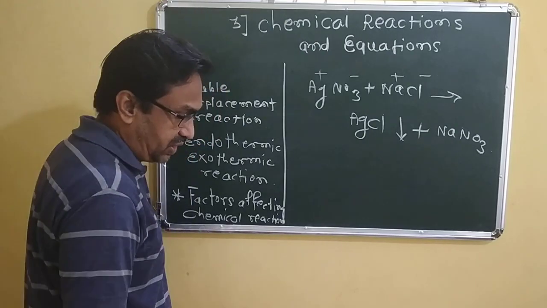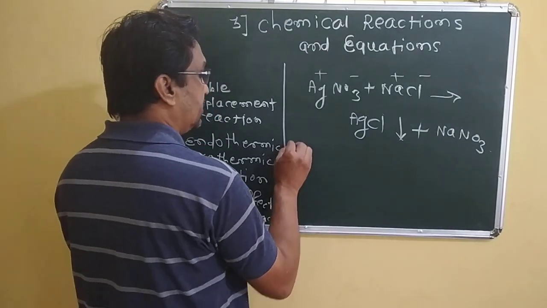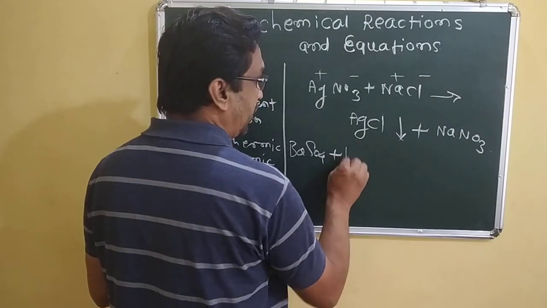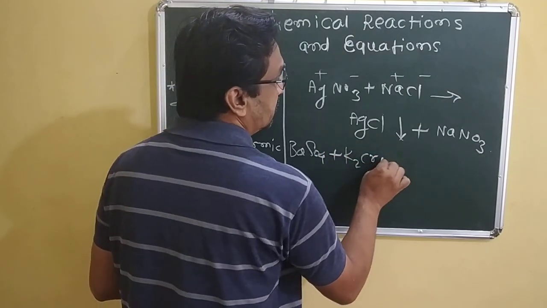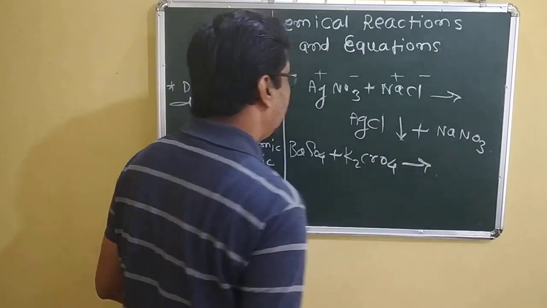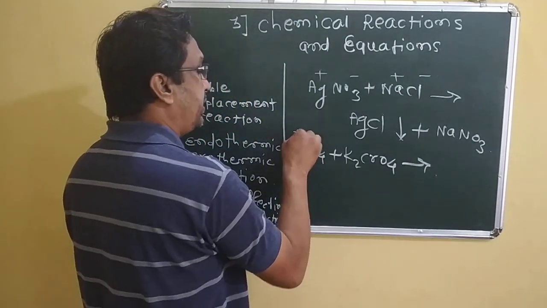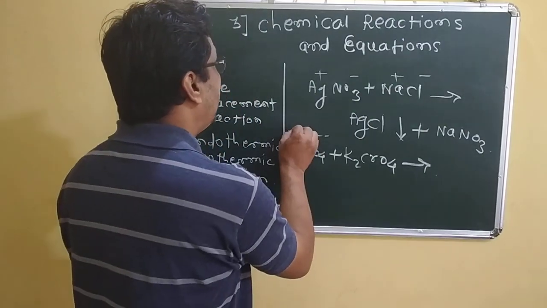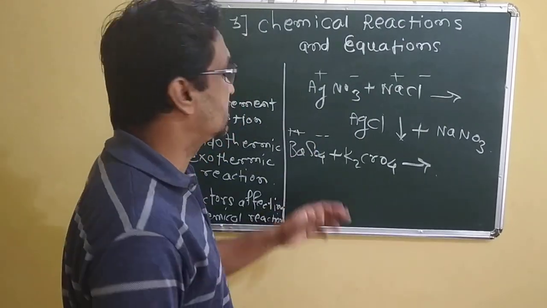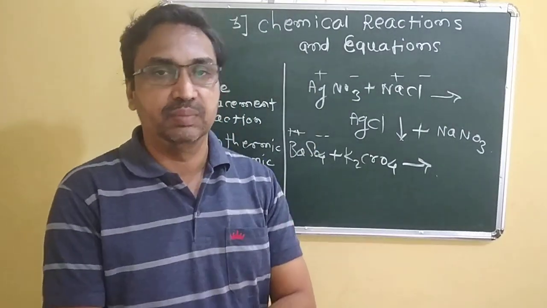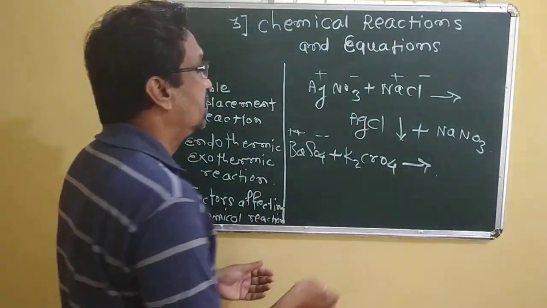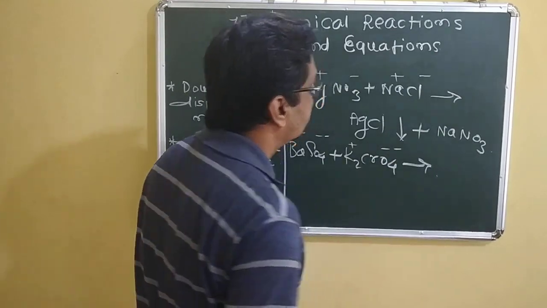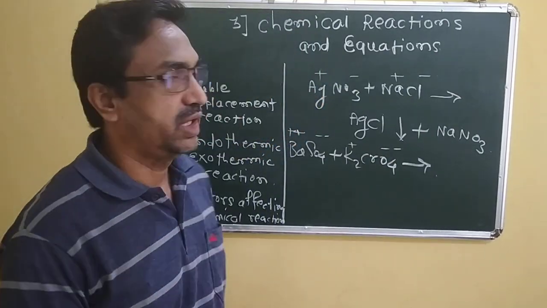Another example: barium sulfate reacts with potassium chromate, K2CrO4. Barium is a positive ion, sulfate is a radical, a negative ion. Potassium is a positive ion, and chromate is a negative ion.